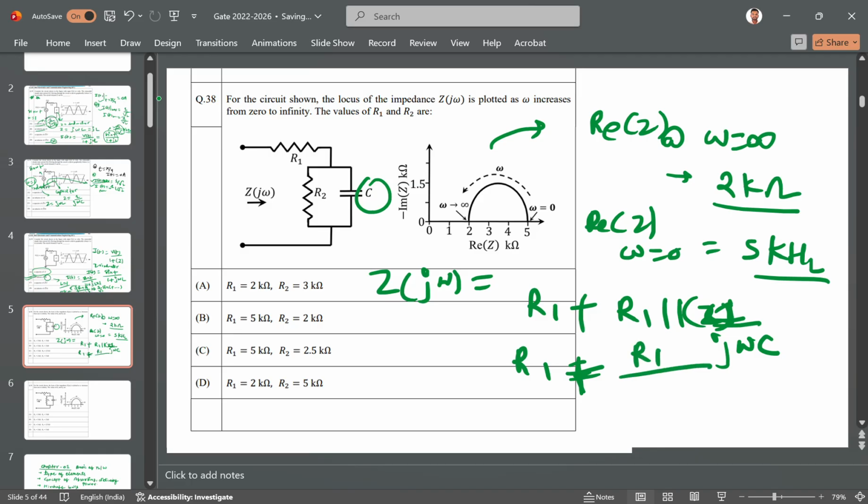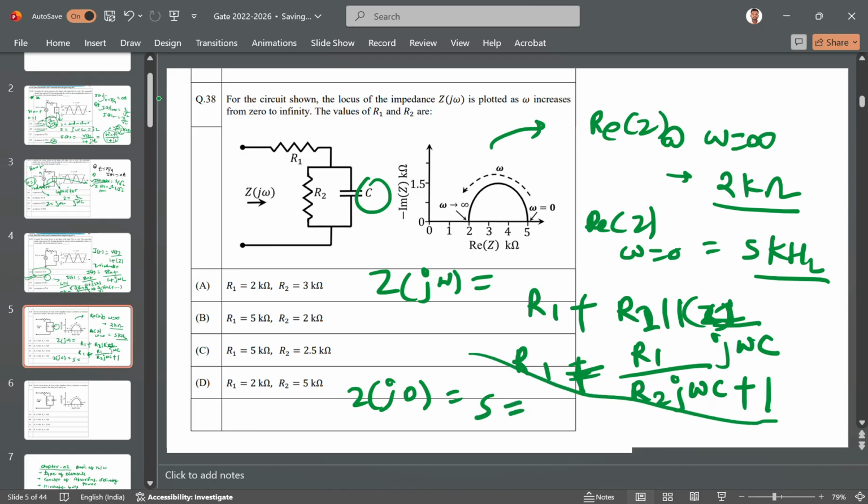Okay, if we find the equivalent, R1, sorry, R2 j omega C plus 1 will come, and already given omega is equal to 0, it is coming 5. So R1 upon, if we put omega equal to 0, it will be 0 and 1.